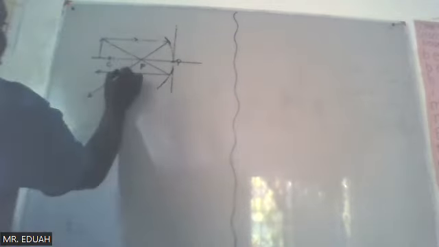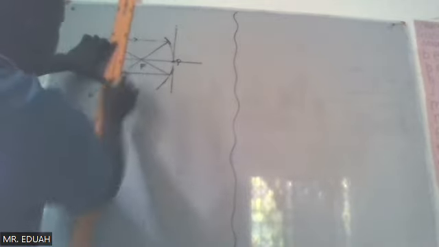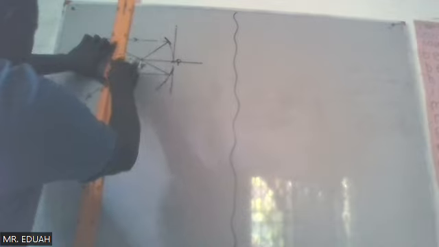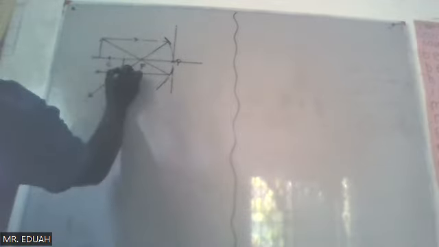So the two reflected rays are meeting over here, and so that will be the image formed. The image formed is real, inverted, diminished, and formed between C and F. All right.